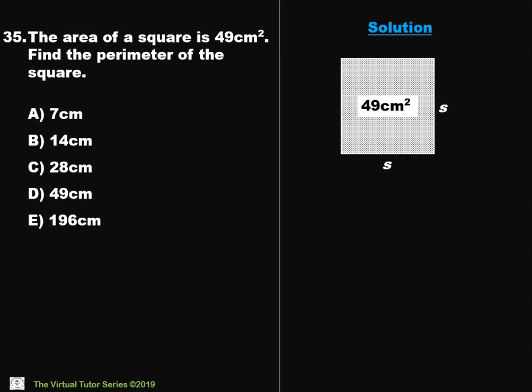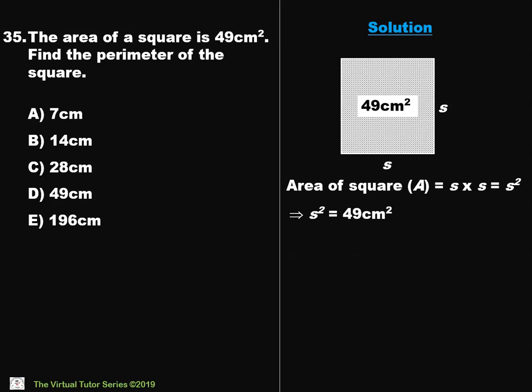A square has all sides equal. Therefore, its area can be written as s times s, which is s squared. But we are given the area to be 49 centimeters squared.